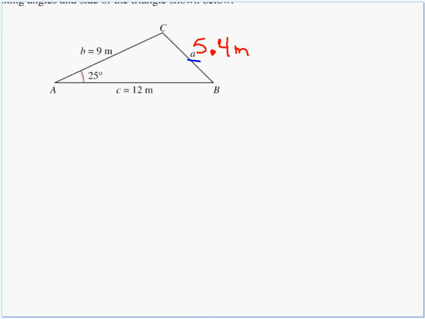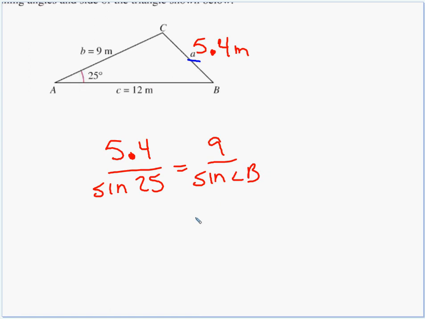All right, law of cos, we've used it once, and usually once is plenty enough. Now we can just do the law of sines. I think I went after angle B next. 5.4 over the sine of 25 is equal to 9 over the sine of angle B. And again, law of sines, this is old news.